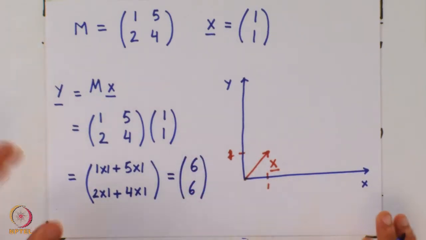Let us try and plot our just obtained vector y and see what has happened to it when vector x was multiplied by matrix M, and how y has changed in relation to the original vector x that we started with.